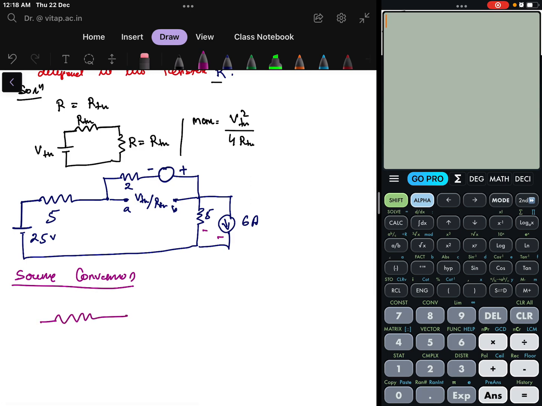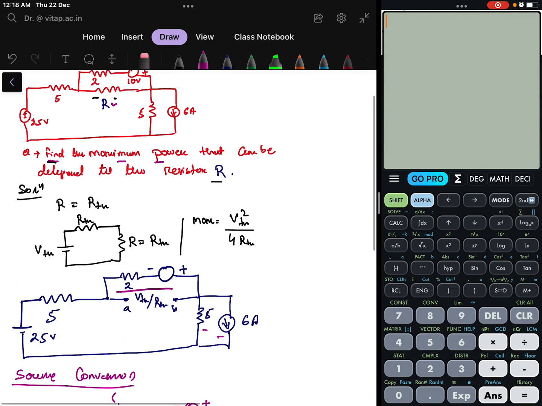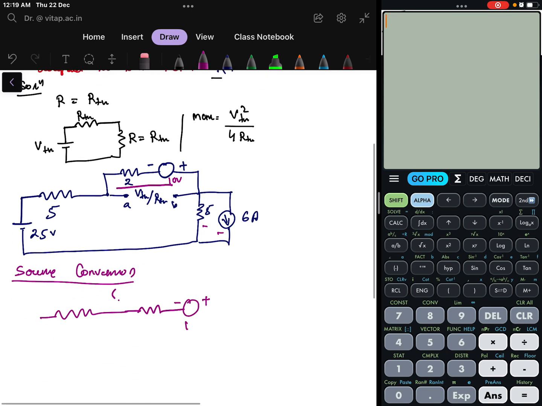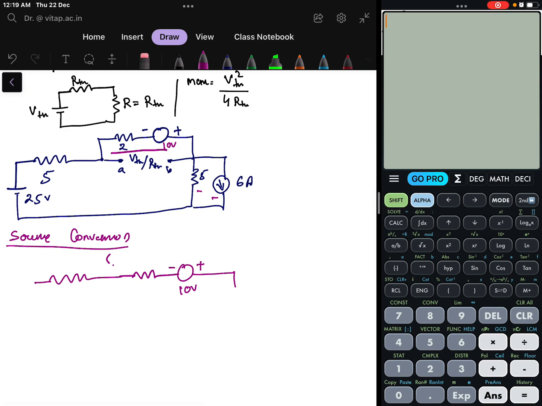This is the circuit. What I am doing here is putting this particular branch in line with the circuit. This value is given as 10 volt. After converting to a voltage source, the direction will be like this.